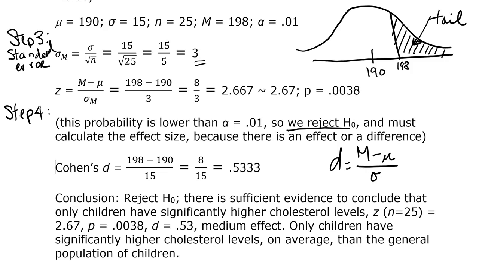If you remember from the table in chapter 8, a d of 0.5 is a medium effect. And now the last sentence is just to say this in English. What does this all mean? Only children have significantly higher cholesterol levels on average than the general population of children. And there we go. We've done our second problem.